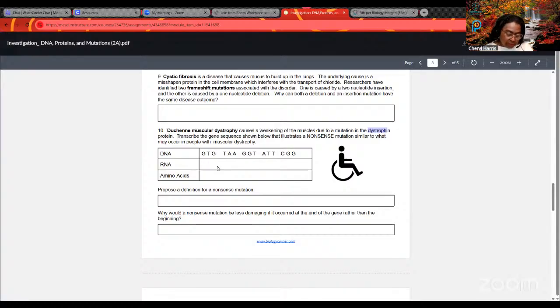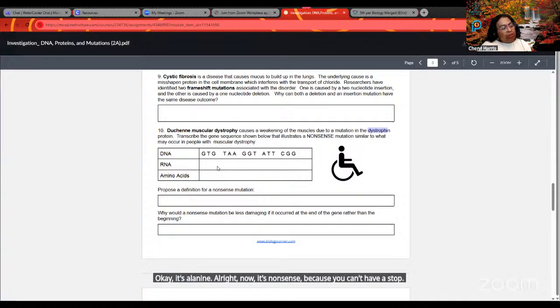And notice that says stop. And then our GCC. Okay, it's alanine. All right, now it's nonsense because you can't have a stop amino acid in the middle of the chain.